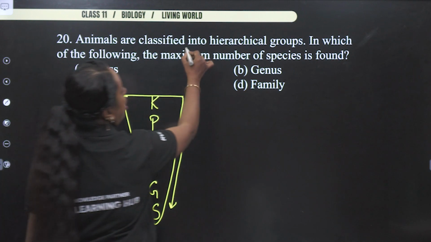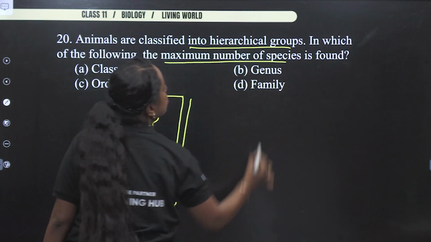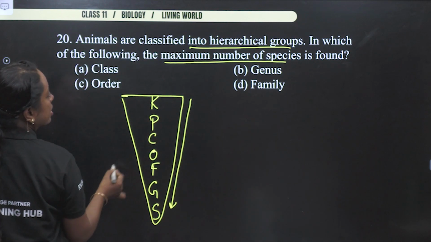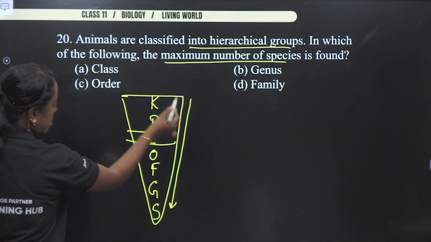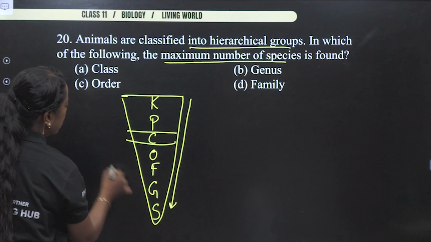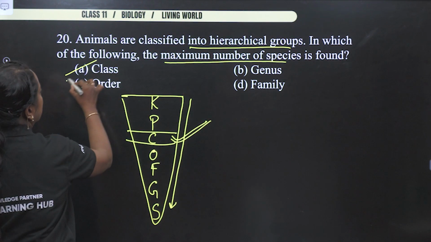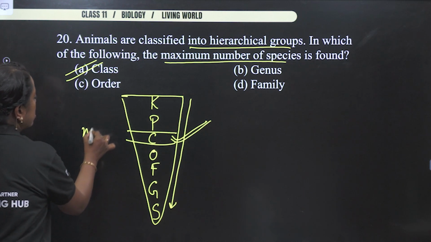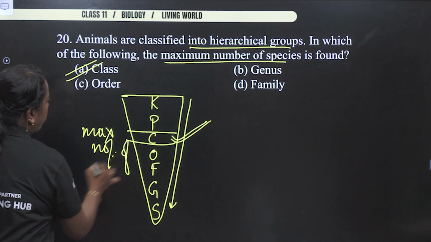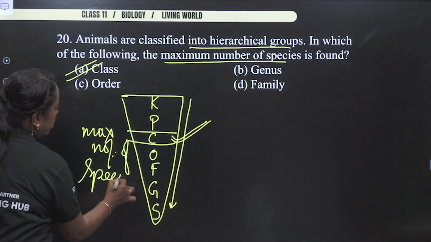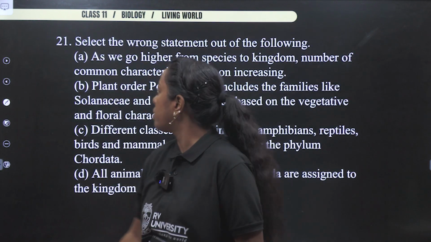So he says in which of the hierarchical groups the maximum number of species come. First one is class. Class is here. Next comes order below, family below, genus below. So your answer is going to be class, and it contains the maximum number of species.